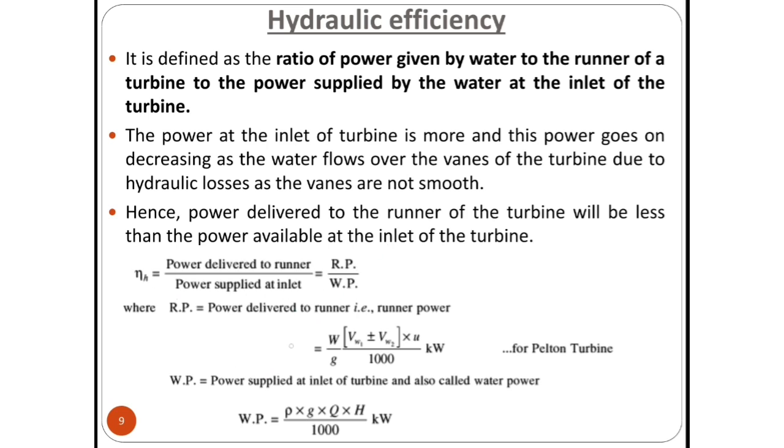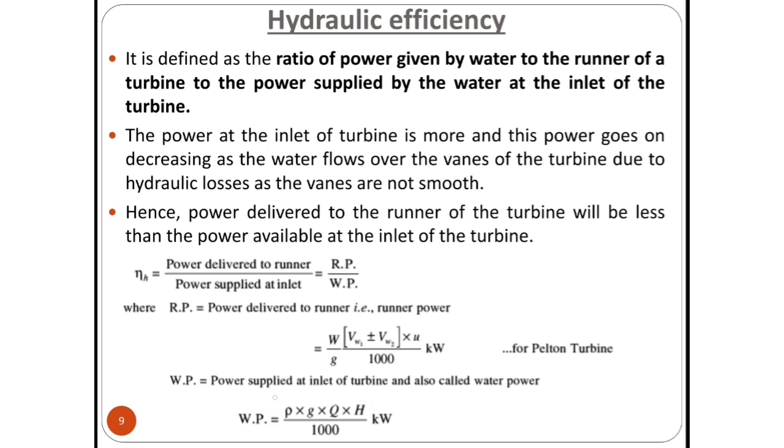Runner power we can calculate using the formula, which is a general formula given for the Pelton turbine, that is, the work done by the runner. You can use that formula as the runner power.